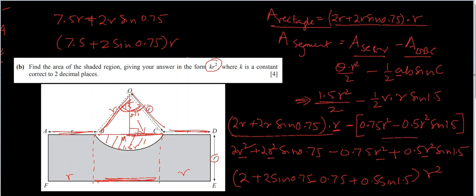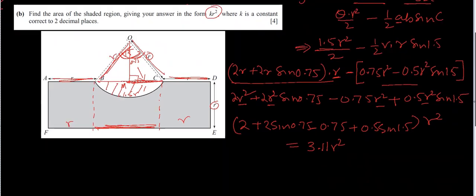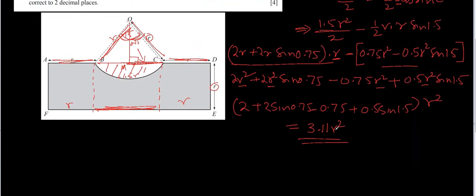I'll put this in my calculator and see what the answer is. So after putting this in my calculator, I got 3.11 r square, because they're saying up to 2 decimal places, right? Yeah. So this is the answer.